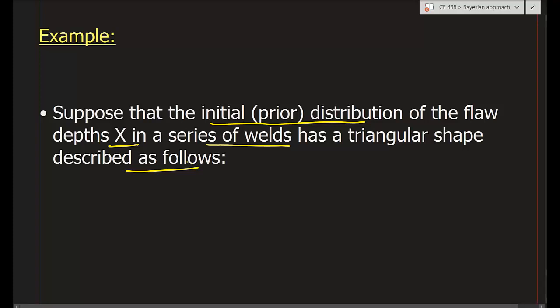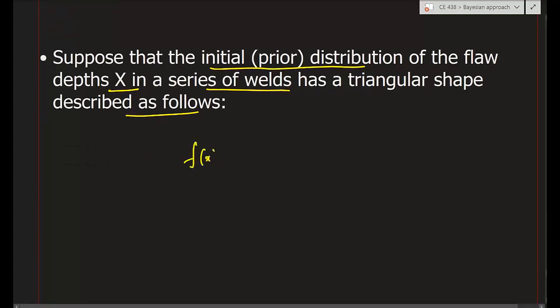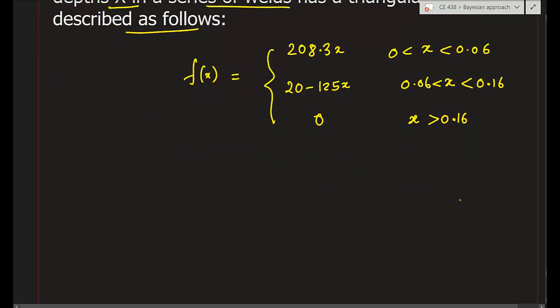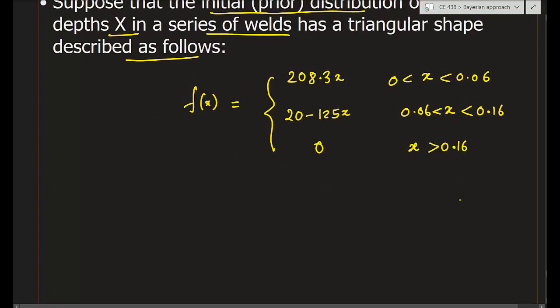This is the prior PDF: 208.3x when x lies between 0 and 0.06, 20 minus 125x when x lies between 0.06 and 0.16, and 0 when x is greater than 0.16. So this is what we have for the prior distribution.